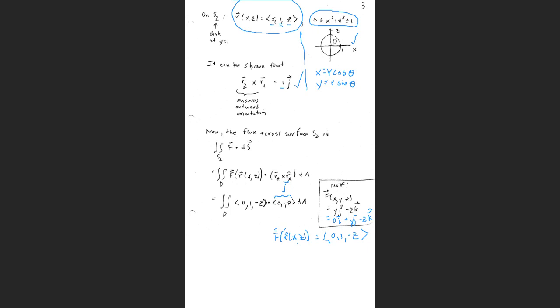Given your parameterization of this surface, the x component is x, the y component is 1, and the z component is z. So we're good.